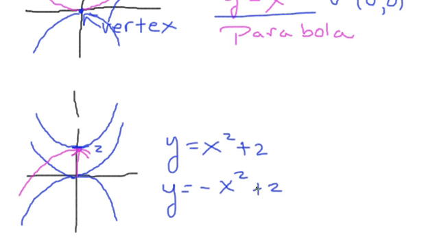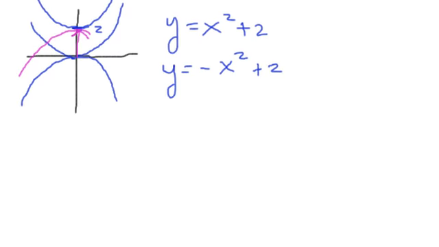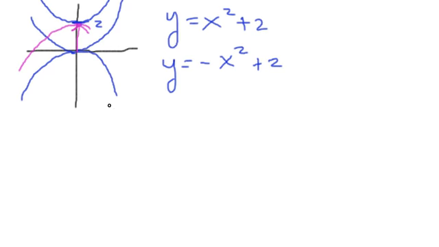So we're adding a constant on the end of this and causing the graph to move vertically up or vertically down. Okay, if this were, for example, a negative number, so let's look at this again.